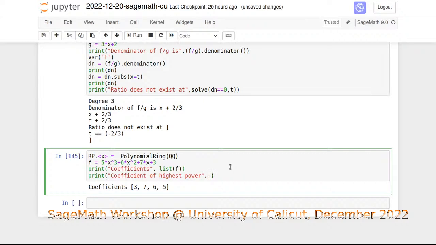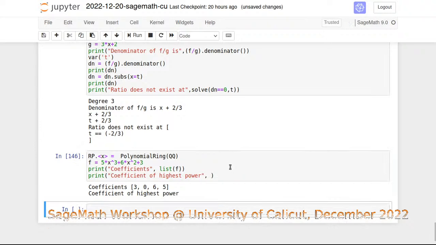We need to take a degree. Degree is here 3, but that is not actually sufficient. Suppose that we have 0 here, what will happen? Suppose we take this to be equal to 0, this is absent. Okay, still it is giving this. So when we take the list of f, it takes care of the powers with 0 coefficients as well. So that's not a problem for us.